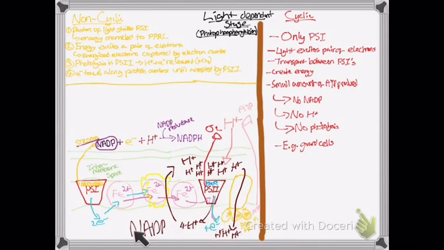When it accepts protons and electrons, it becomes reduced. So we put an H on the end. So that is reduced NADP. Okay, NADP enters the stroma.